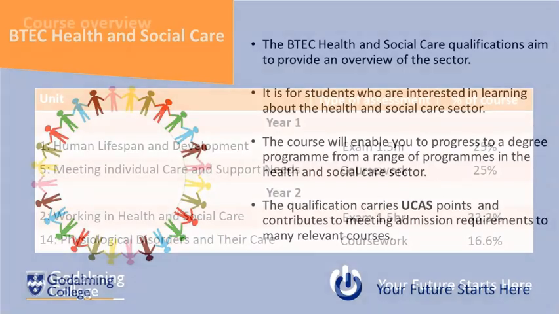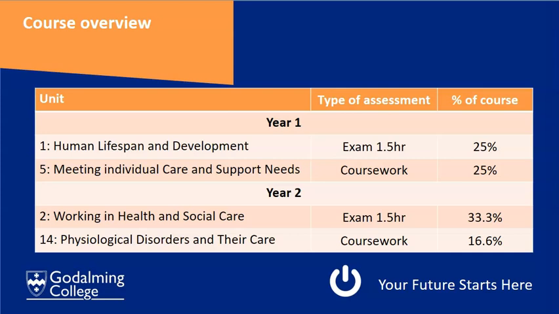The course is made up of 4 units, and as you can see, there are 2 in each year. So in the first year, we study human lifespan development, which is an examined unit. And we also do a coursework unit called Meeting Individual Care and Support Needs. I'll go into detail about these units in the next slide. In year 2, you also do 2 other units.